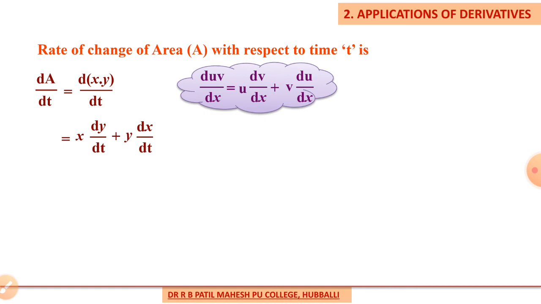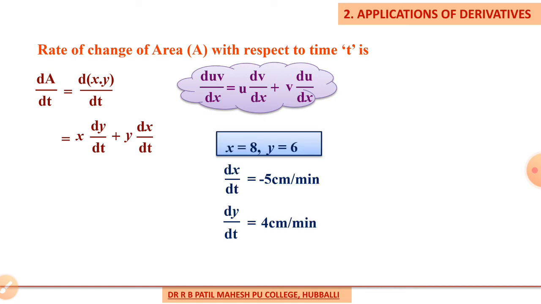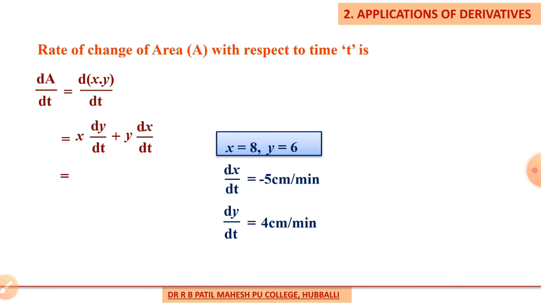that is the uv rule. Now next you can substitute the given terms. First x equal to 8, next dy by dt is 4, plus y equal to 6, and next dx by dt is minus 5.